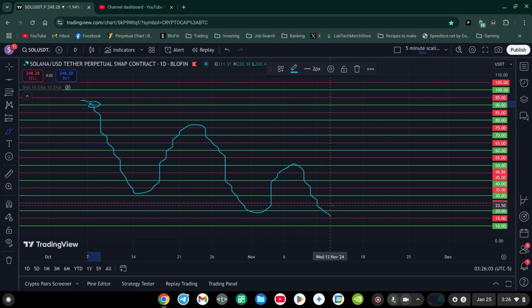You're going to perform better in this losing trade than you would in a losing trade if you were just doing a regular day trade, just opening one long position here and then hitting a stop loss here.